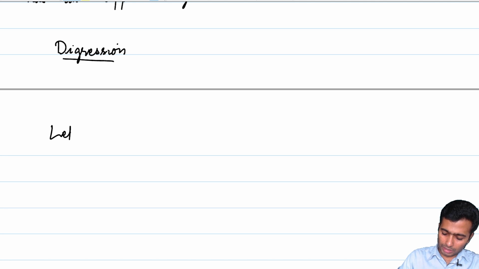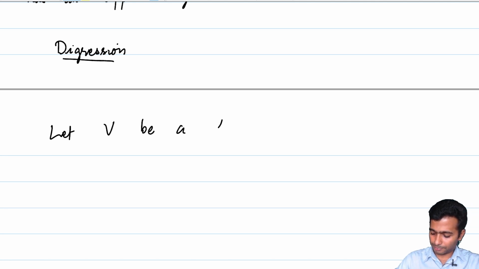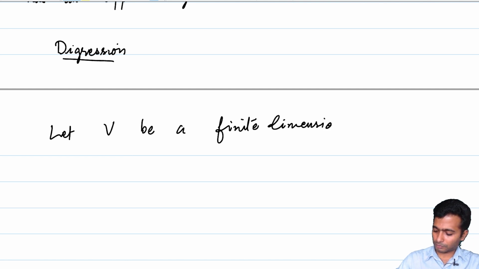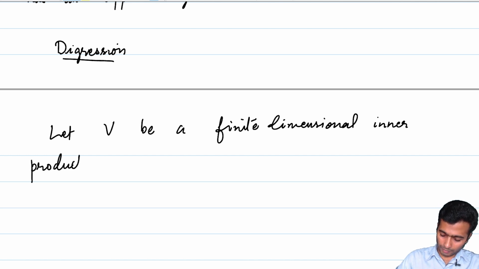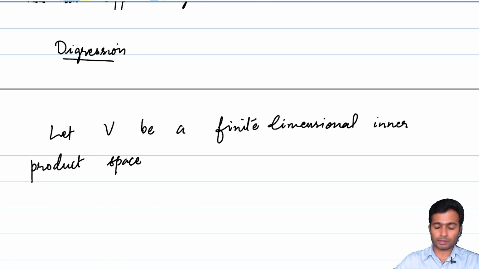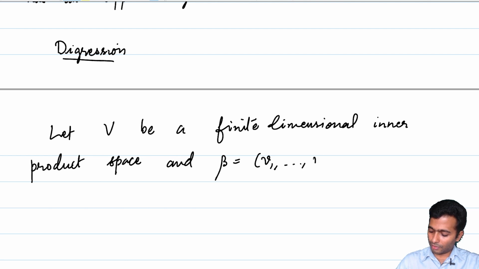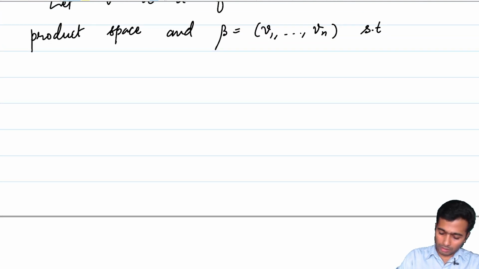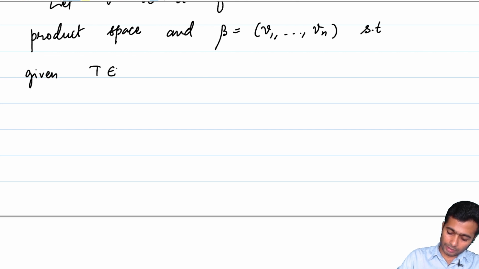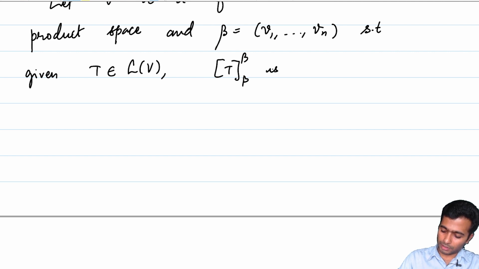So let V be a finite dimensional inner product space. And let's start off with some basis beta, say V1 to Vn, such that given T in L of V, the matrix of T with respect to beta is upper triangular.